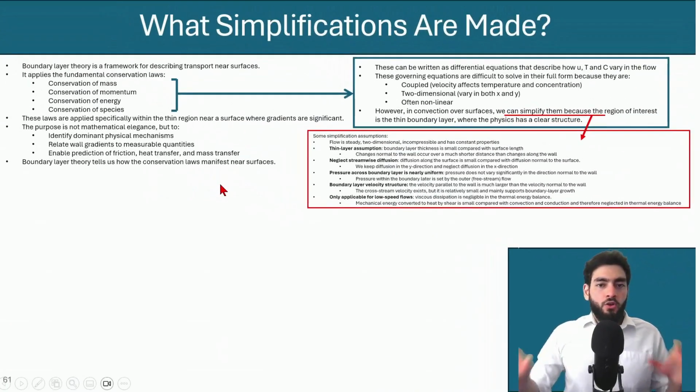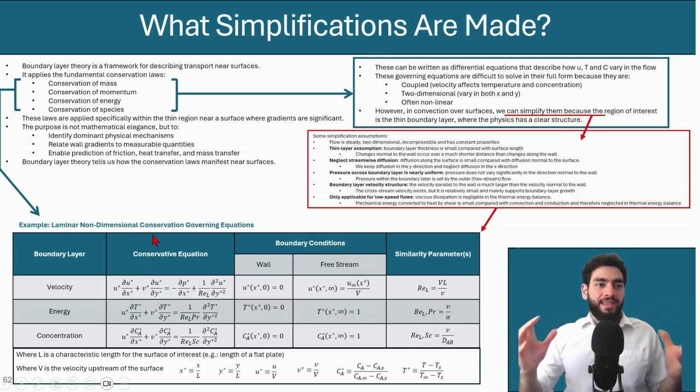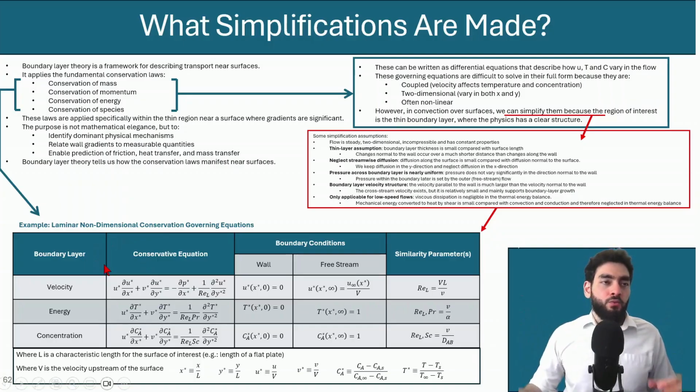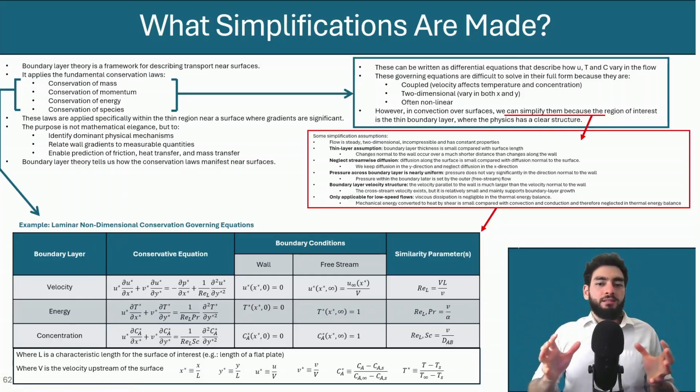So now that you know the simplifications, let's look at what the results look like for an example of laminar non-dimensional flow. The results here are non-dimensional, so what that means is that we've non-dimensionalized the results, and the reason we did that is because the point in showing you this to begin with is that I want to highlight similarity parameters.